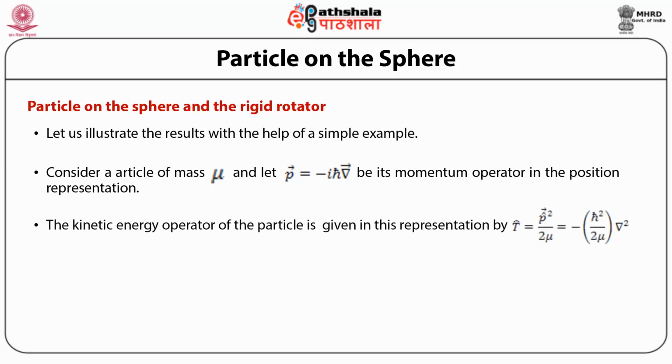The kinetic energy operator of the particle is given in this representation by operator T equal to operator P² divided by 2μ. This is equal to −ħ²/2μ times operator ∇².